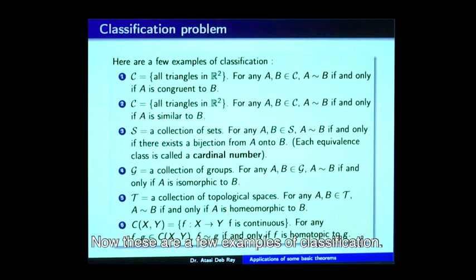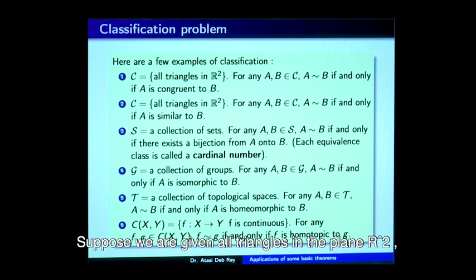Now, these are a few examples of classification. Suppose we are given all triangles in the plane R². Two triangles A and B are taken from this collection. They will be related if and only if A and B are congruent to each other. Here the attribute is congruence of triangles.